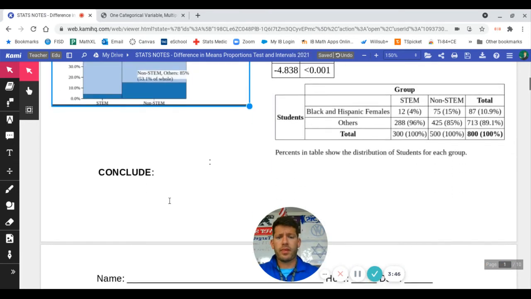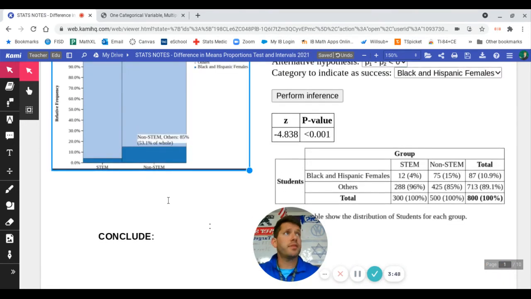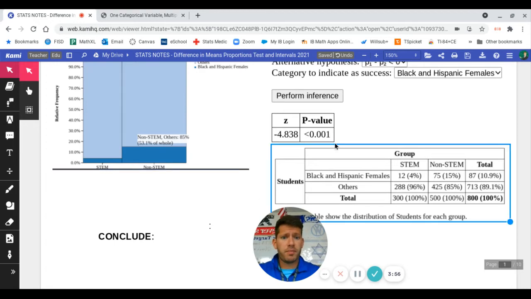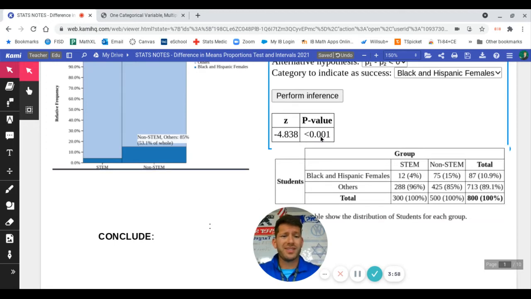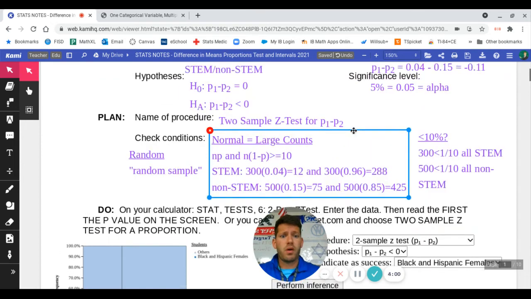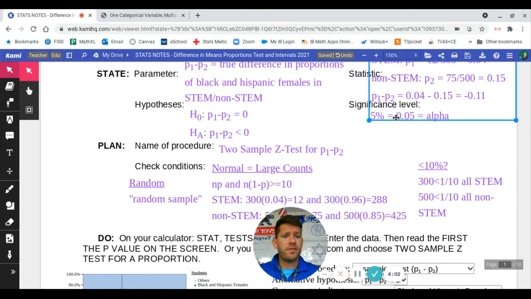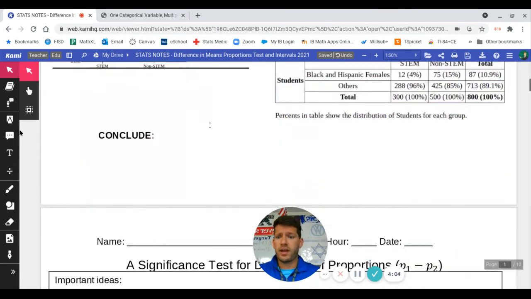All right. So now once we have that all copy pasted over, we can come up with our conclusion, which is where we're going to be comparing this p-value of less than 0.01 to our alpha significance level of 5% or 0.05.